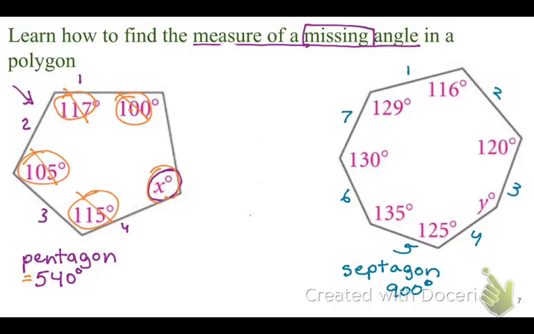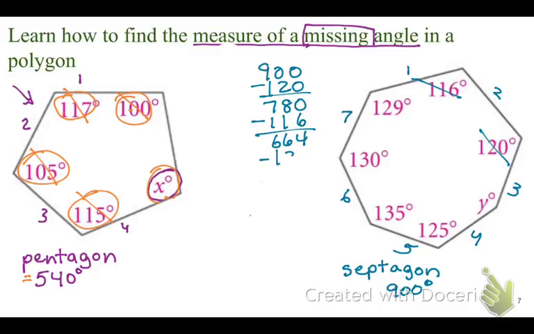Okay, so we do the same thing, and we start at 900. We subtract the 120 and get 780. Then we subtract 116, and we get 664. We subtract 129, and we end up with 535.